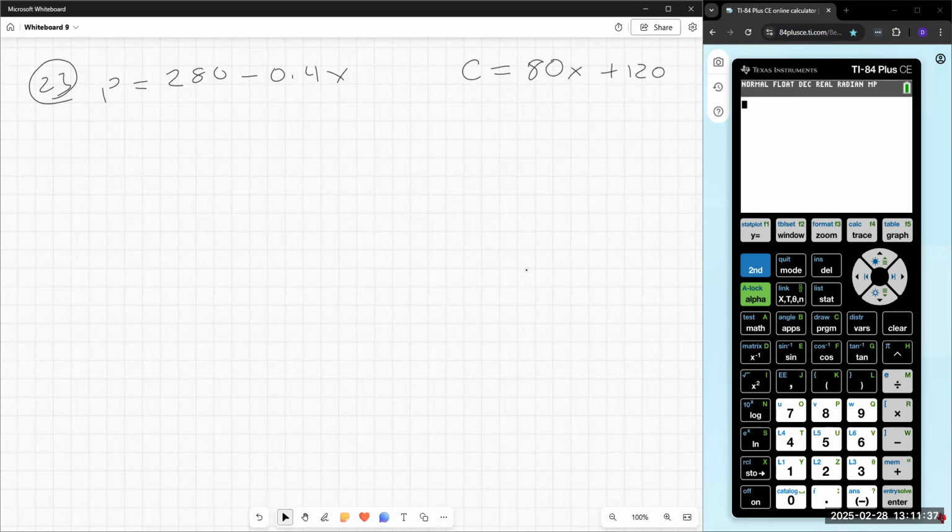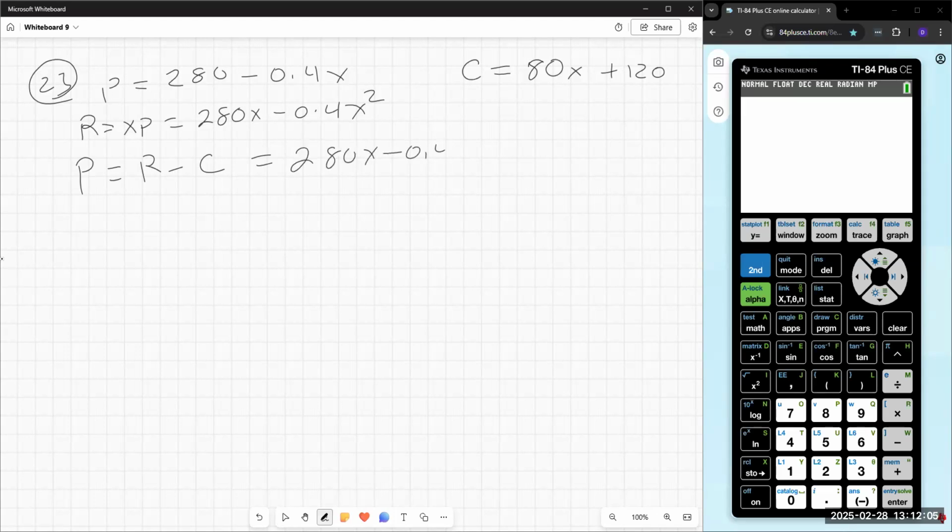And so our revenue function will be x times p, which is 280x minus 0.4x squared. And that makes our profit function, capital P, equal to R minus C, which is 280x minus 0.4x squared minus 80x minus 120.